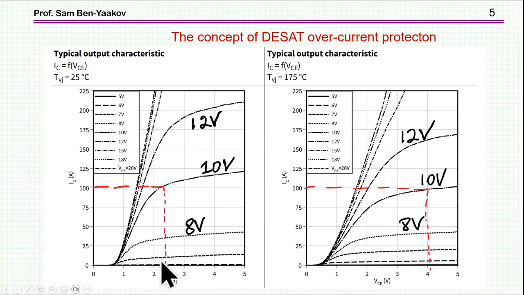We see that the voltage on the device will be 2.5 volt, while at an elevated temperature of 175, just about the maximum junction temperature, you see that you get a much higher voltage. So all these values of the voltage across the collector are temperature dependent, which makes the system sensitive to temperature changes.